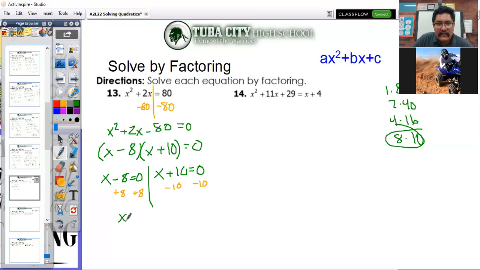So in this case, x is equal to 0 plus 8, which is 8, and x equals, in this case, negative 10, because 0 minus 10. Now I'm going to go ahead and put them in order from least to greatest. So negative 10 and 8. That 10 looks a little bit weird, so I'm going to fix that. It looks more like a weird symbol from another language.